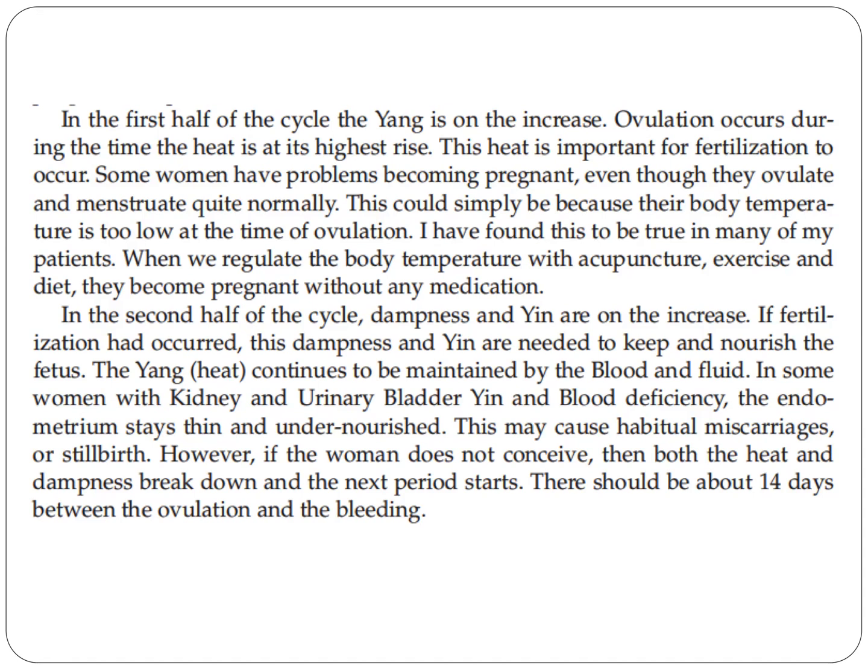This may cause habitual miscarriages or stillbirth. However, if the woman does not conceive, then both the heat and the dampness break down and the next period starts. There should be about 14 days between the ovulation and the bleeding.